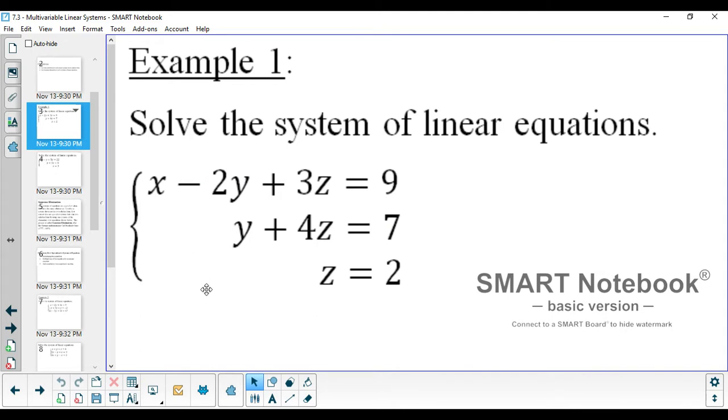All right, so we're going to start easy with what is called backwards substitution. So, of course, when we were looking at two variable equations, we were trying to solve for x and y. Well, here we're looking at three variable equations, so we're going to solve for x, y, and z.